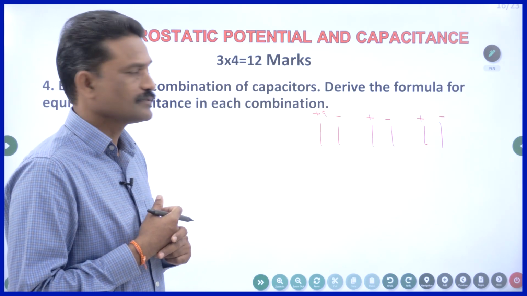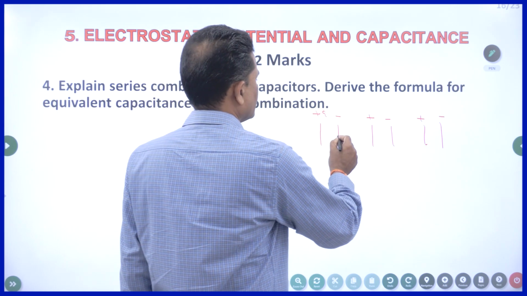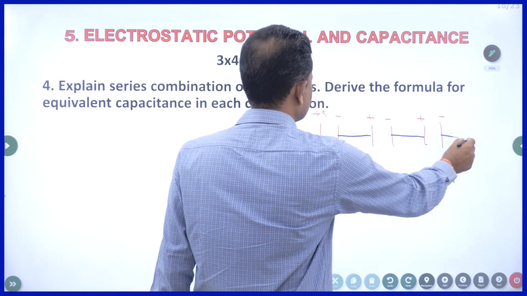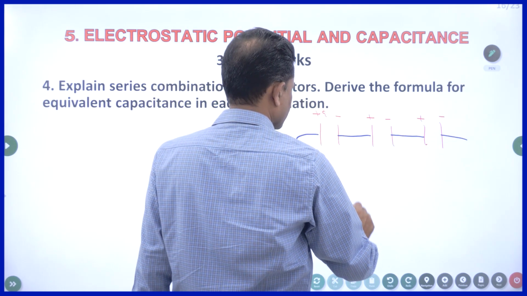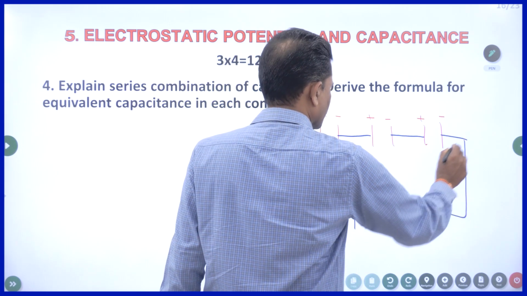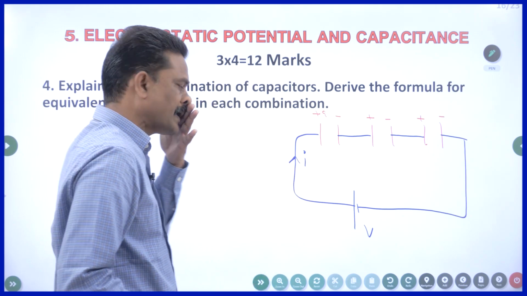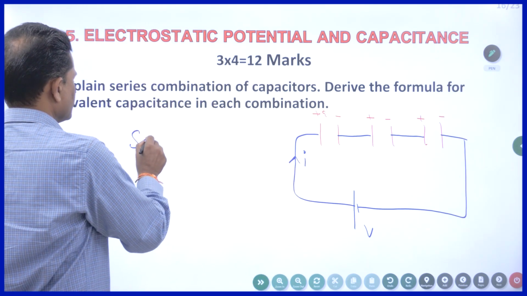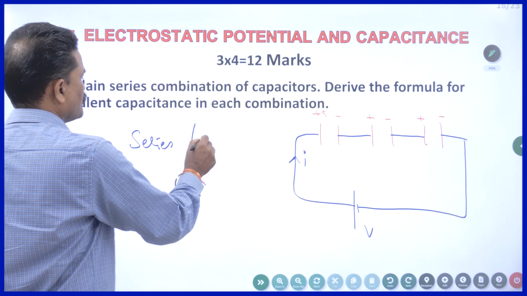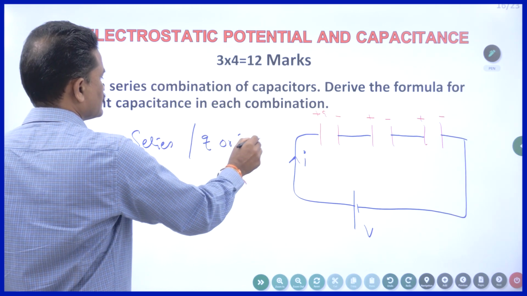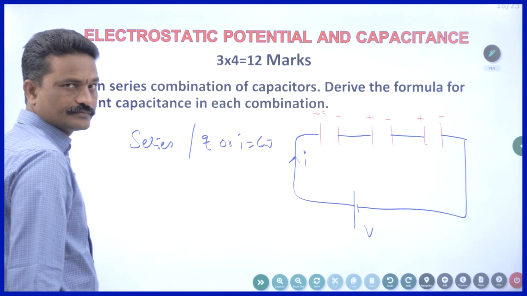parallel combination, right? So, I connect this to a battery of potential V. Current I is going. Remember, in series combination, charge Q or current I is constant.